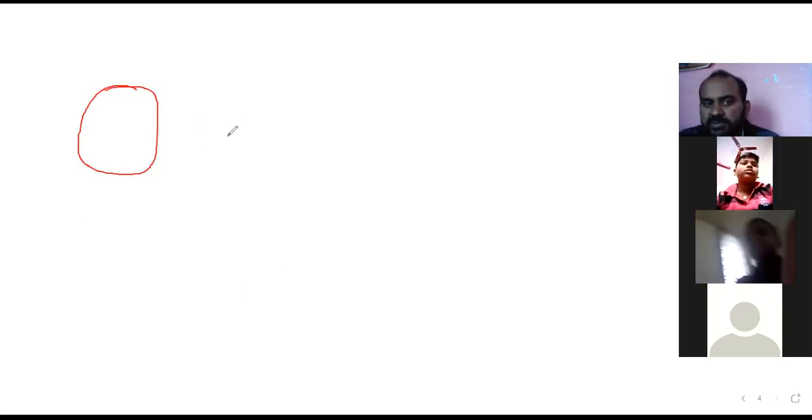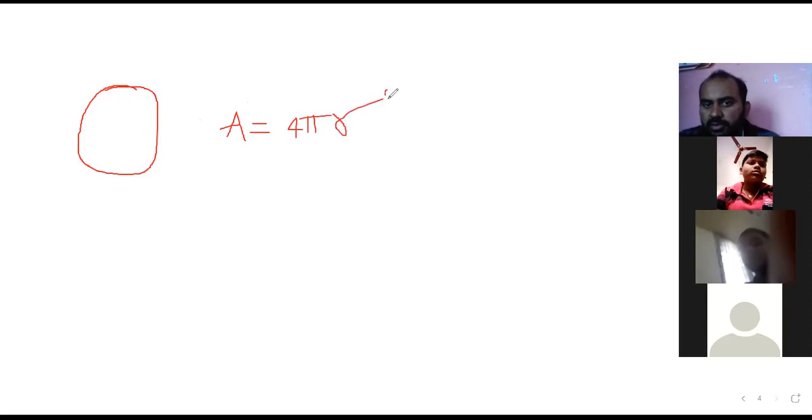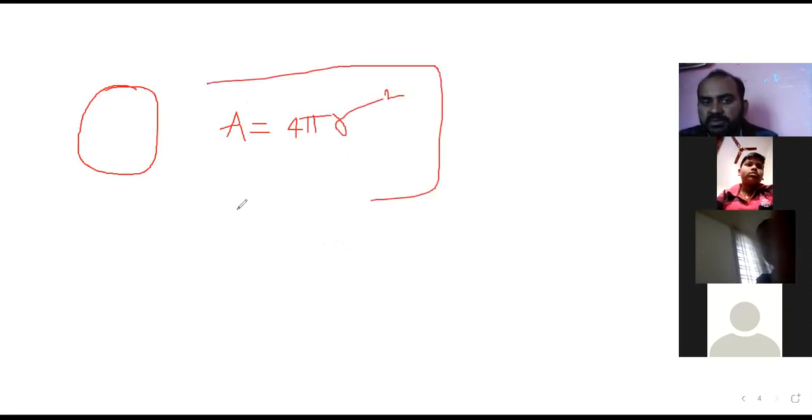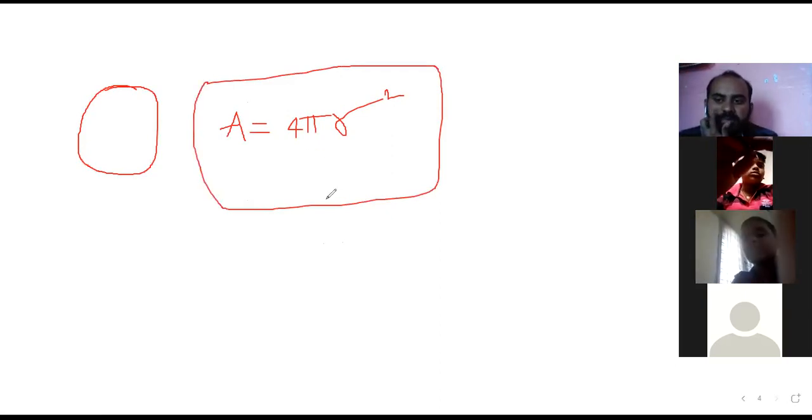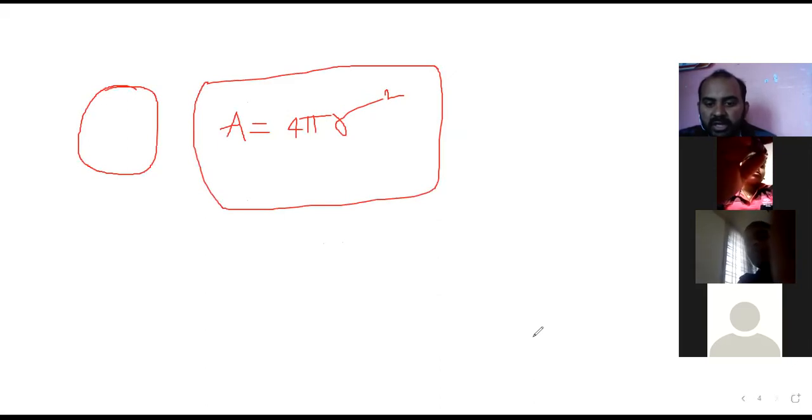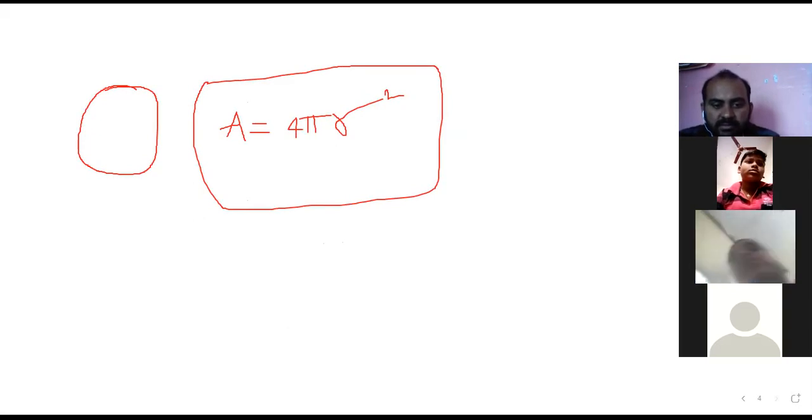And the area of the sphere formula is 4 into pi r square. This is the formula for the sphere, 4 pi r square. Now in your question, what is the sphere value they gave? 3844, right?